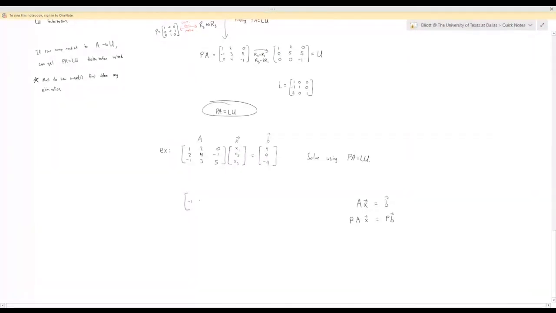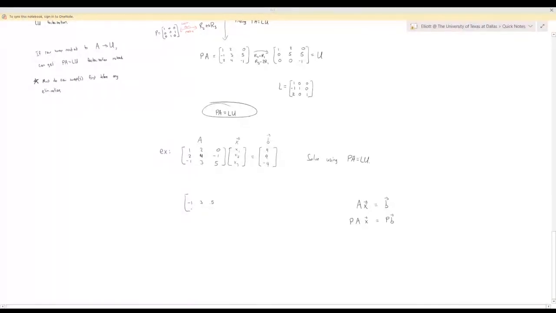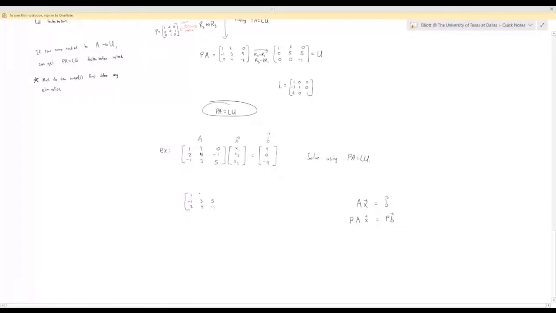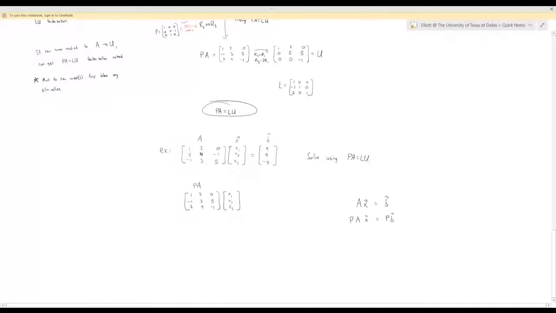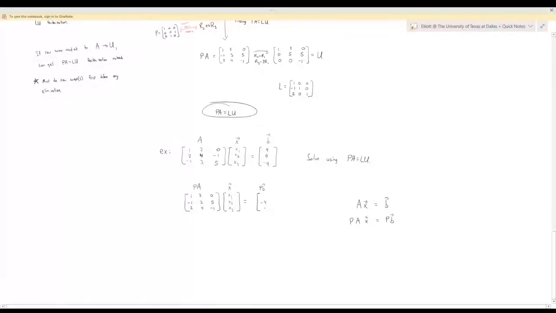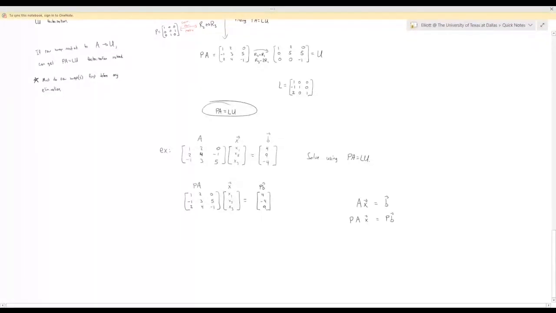So I'm going to swap rows 2 and 3 over here. So that's PA times X. Now we have to multiply both sides of the equation by P in order to preserve the original equation. And again, multiplying by P in this case just swaps row 2 and row 3. So I'm just going to swap these two entries. So that's PB.